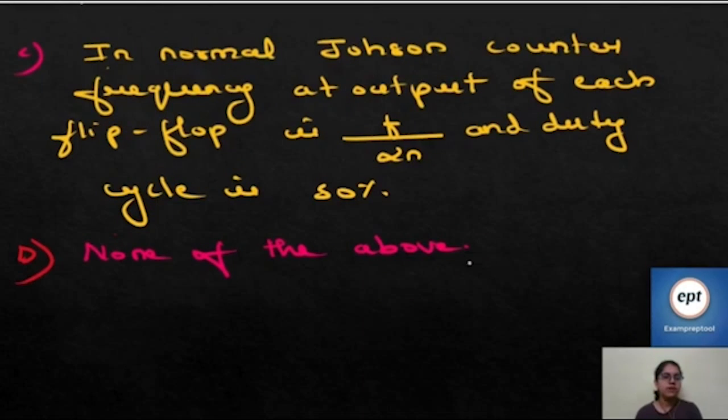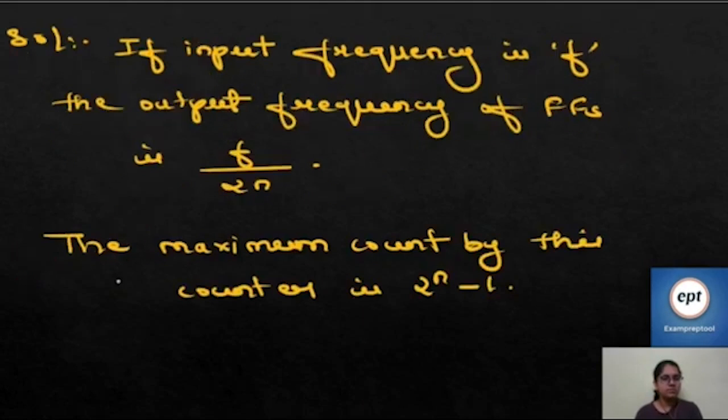They may also give that the maximum count by the counter is 2n plus 1 or 2n divided by 4, something like that. So simply you should know the maximum count by this counter is 2 to the power n minus 1, and the input frequency, which we denoted by f, so the output frequency of the flip-flop is f by 2^n. So these 2 points you should know.